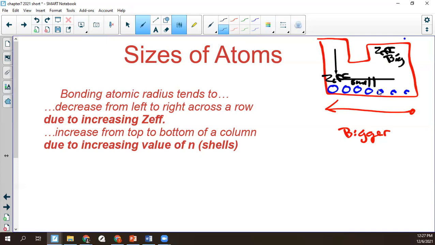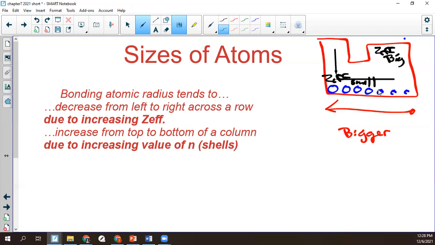So think about it. Let me describe Zeff again. If Zeff is how hard the outer electron is being pulled, then the bigger Zeff, the smaller the atom. They're inversely related. Oh man, I'm losing everybody.